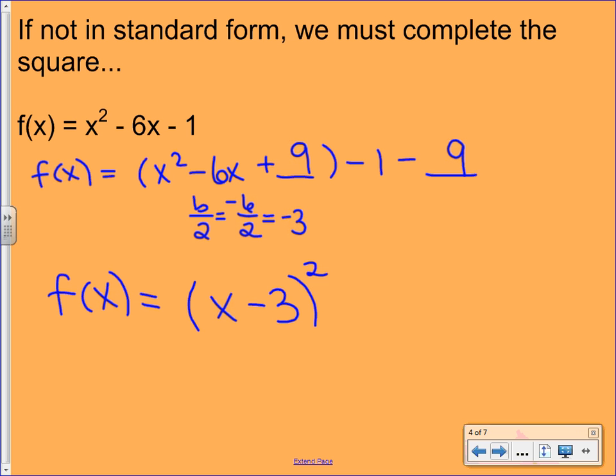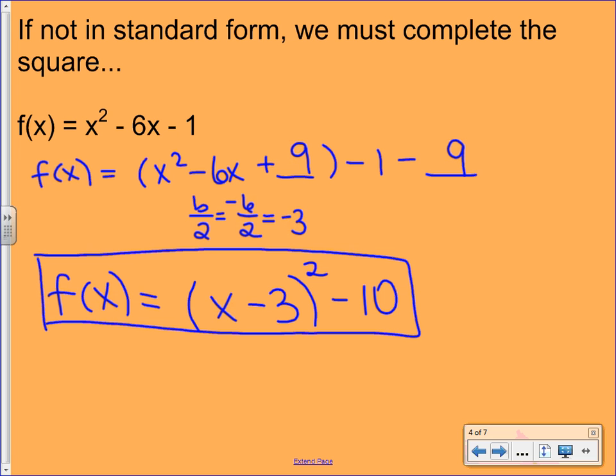Notice how this number matches this number. See that? That will happen every time. And then what do I have out here? We have minus 10. So now we have our quadratic in standard form.